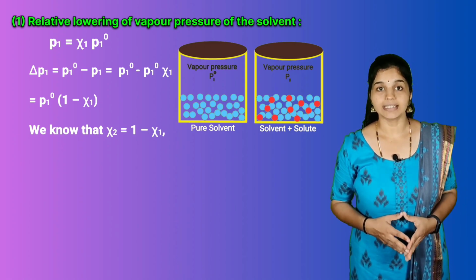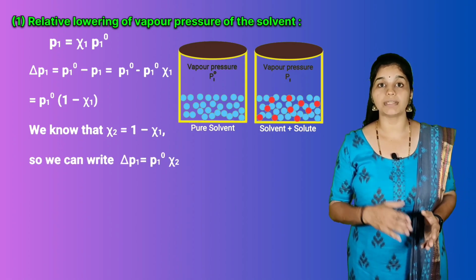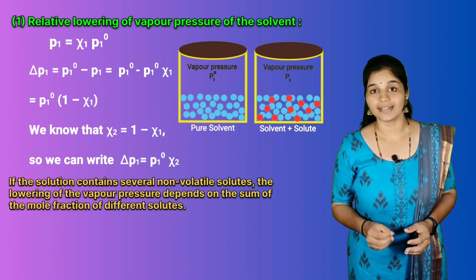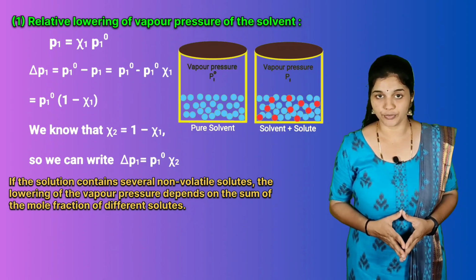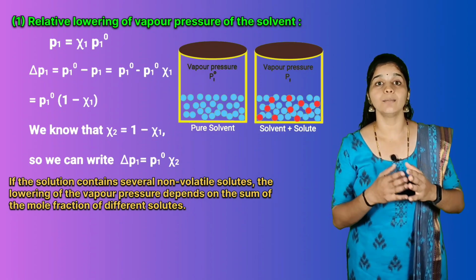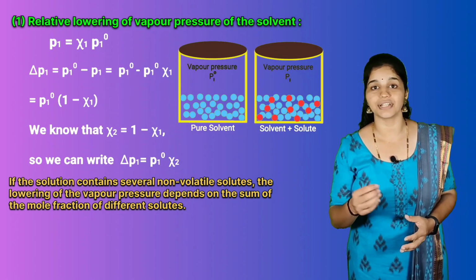So we can write delta P1 is equal to P1 naught into chi2. If the solution contains several non-volatile solutes, the lowering of vapor pressure depends on the sum of mole fractions of different solutes.